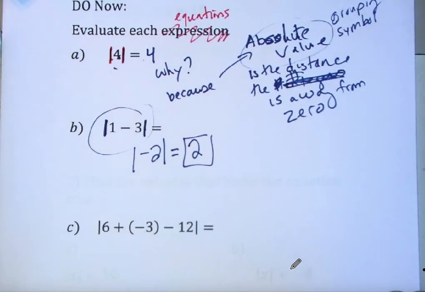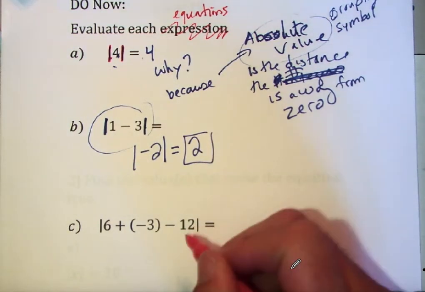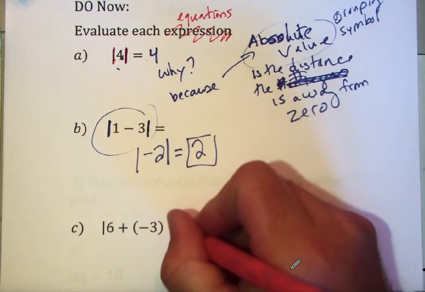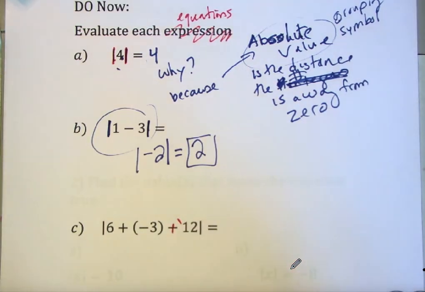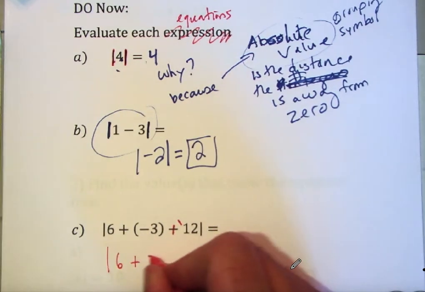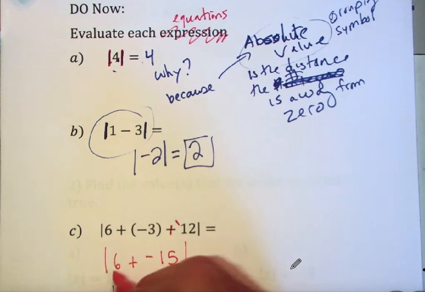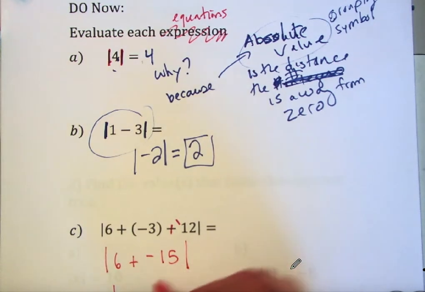Sweet. And this last one, maybe now you've got a sense of how to do it. We're going to follow those operations. I'm going to change this to addition, adding the opposite. So we get 6 plus negative 15. Inside the absolute value, 6 plus negative 15 is negative 9.